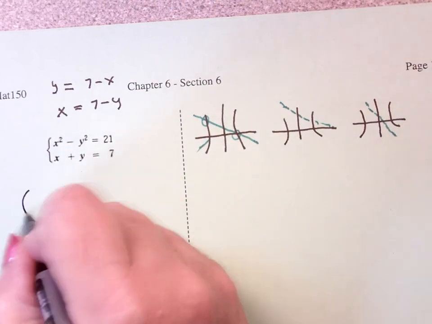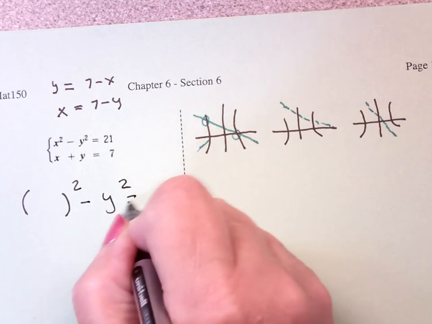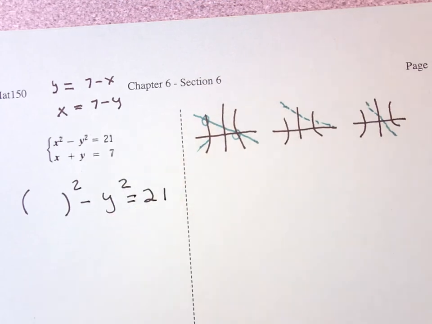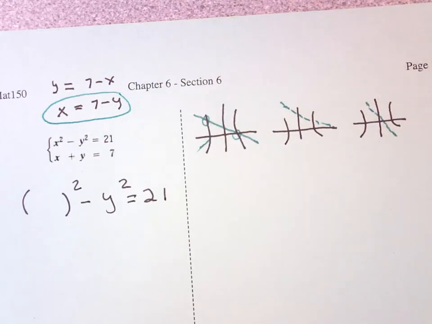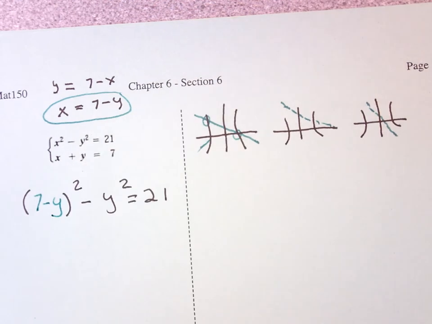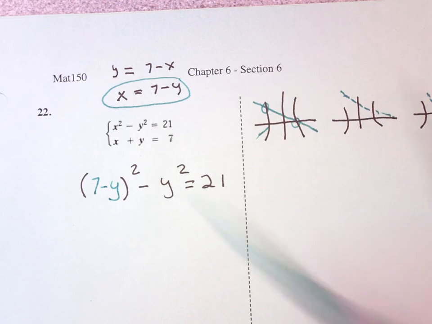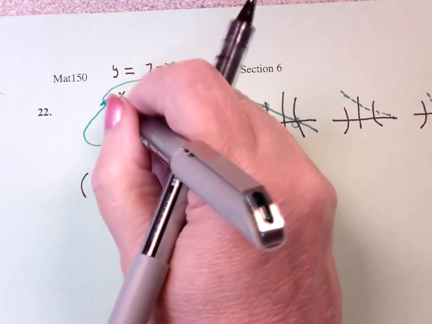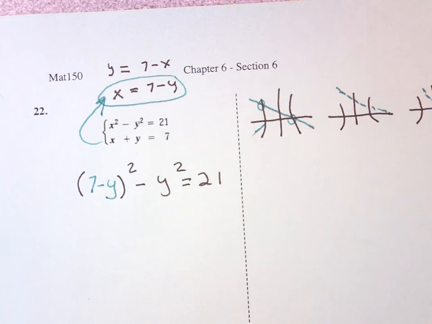So I'm going to have x squared minus y squared equals 21. And we said that if we're going to use the x one, x is going to be 7 minus y, and that comes from this equation right there. Now I'm going to square it.